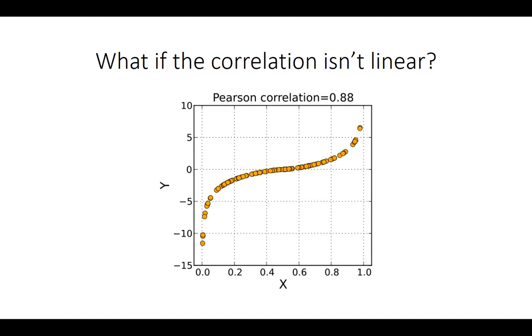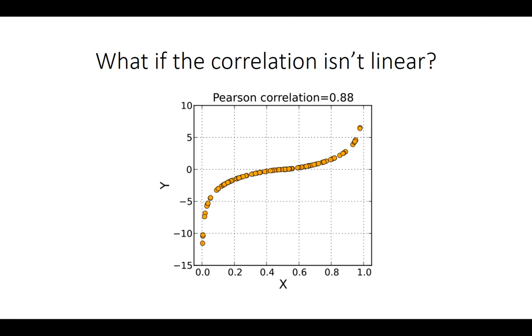But before that, let's ask the question: what happens if we have some correlation that is not linear? Like we said, Pearson correlation deals only with linear correlations, but many times we have something which we have no reason to assume is linear. Like you see here, in some sense we have perfect correlation because x and y really go together.